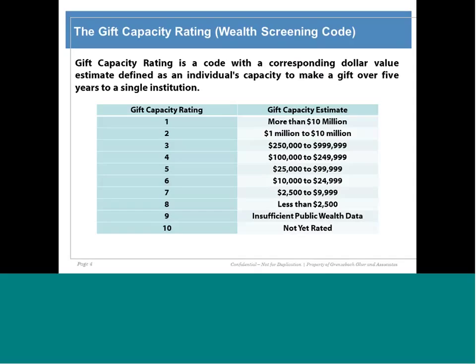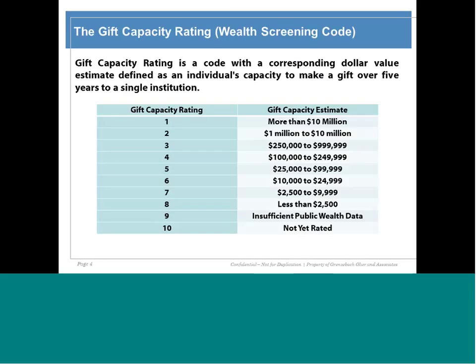We refer to our wealth screening code as the gift capacity rating. And this gift capacity rating is a code that corresponds to a dollar value estimate, defined as an individual's capacity to give a gift over 5 years to a single institution.